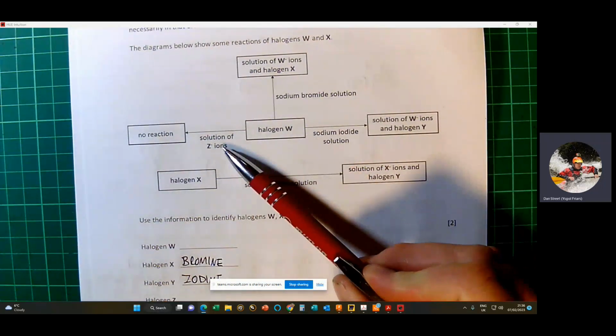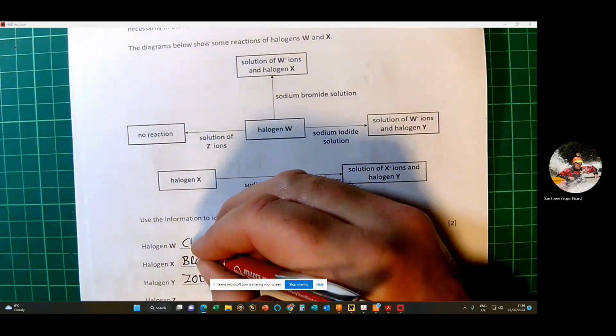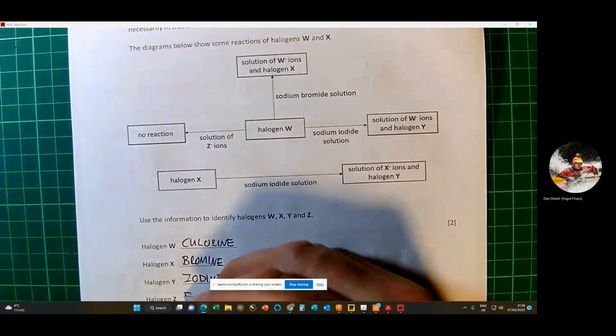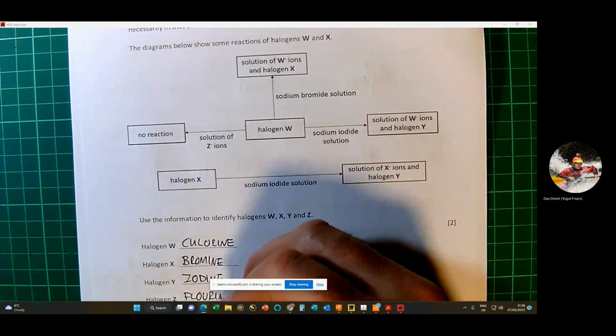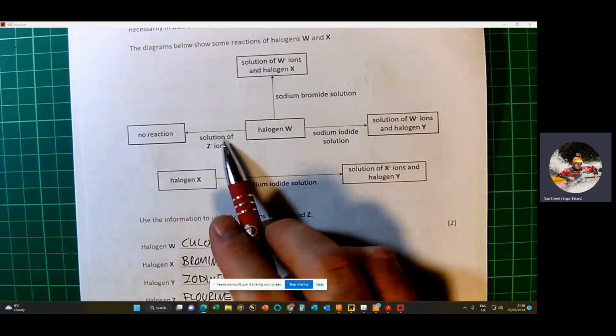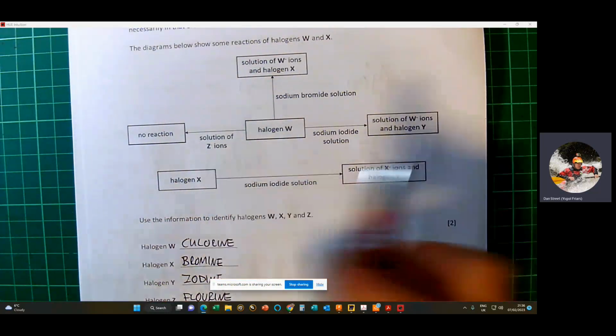So if this one is less reactive than that one, then W must be chlorine, and Z must be fluorine. That's because W cannot displace Z, because chlorine is less reactive than fluorine.